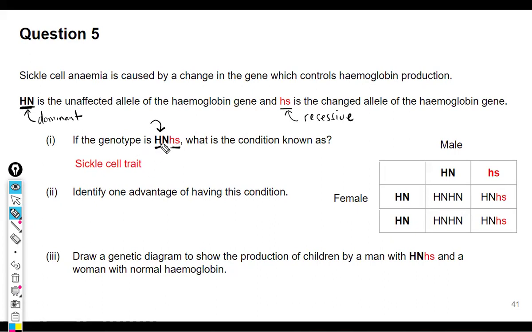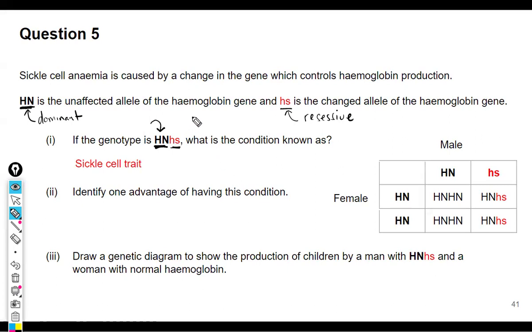But if a person has the dominant and the recessive at the same time, the body is going to choose the dominant one. And the dominant one here is the good one, meaning that this person will have normal blood and not express any signs of sickle cell in their body.